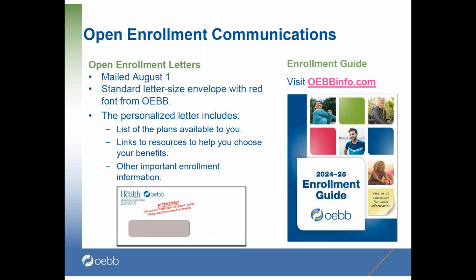This personalized letter includes the list of plans available to you, links to resources to help you choose your benefits, and other important enrollment information. We also have the enrollment guide posted at oebinfo.com, and in there you'll have more detailed information about your benefits and what's changing and staying the same for this year.